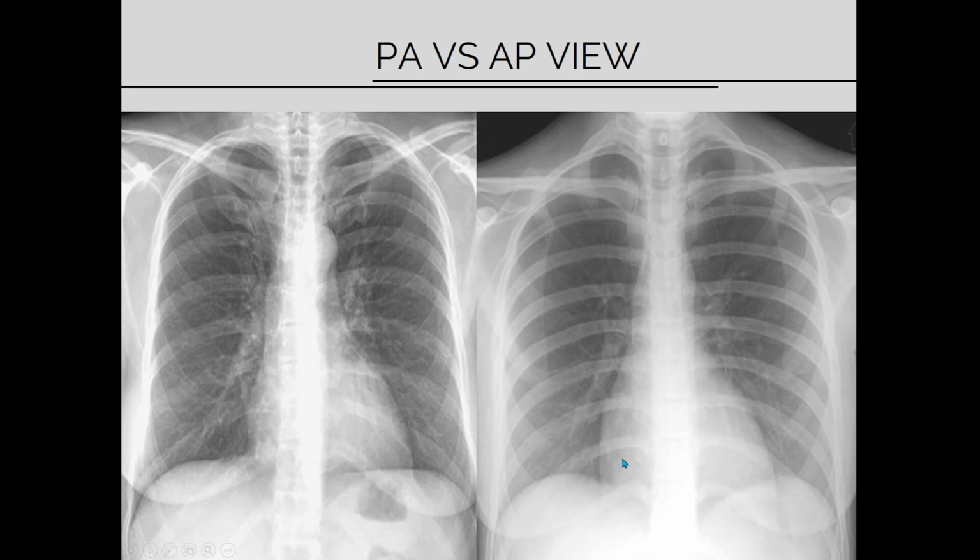Okay, and the other thing is that the lung appears a bit lighter in AP view, and sometimes it is felt that there are some infiltrates, although these are not infiltrates, and that is the reason that PA view is preferred over the AP view when we have to study the pathology of the lungs. Okay, but sometimes we cannot do that because the patient is very ill and cannot stand. In that case, we have to go with the AP view.